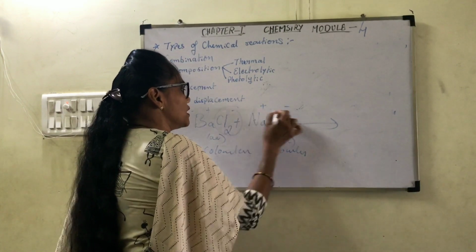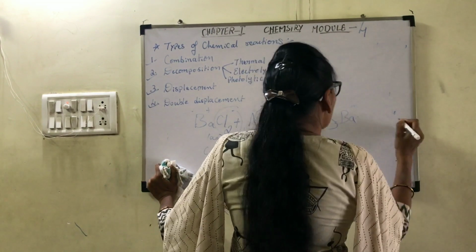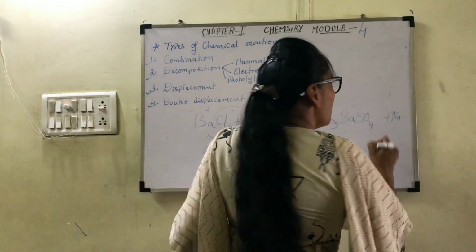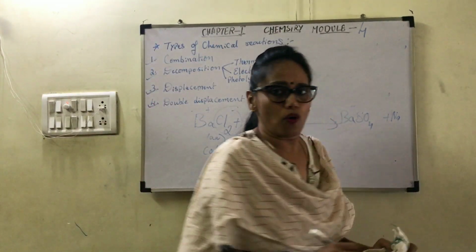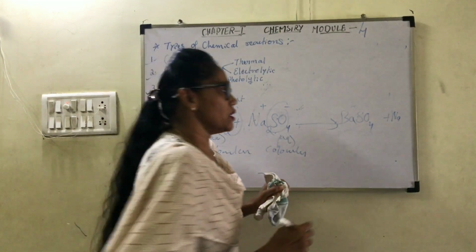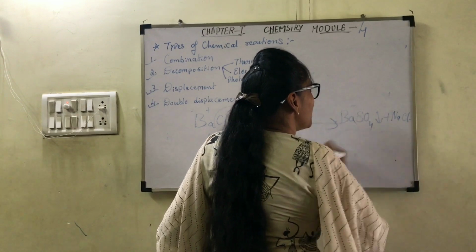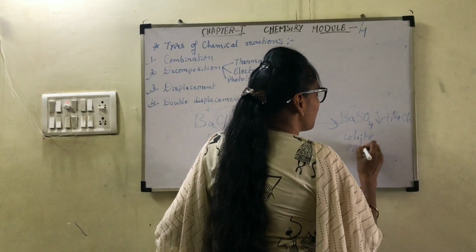Now let us go with this displacement. The metals remain the same. So here it becomes BaSO4 and then it becomes NaCl. You can balance this. And here barium sulfate is a white precipitate.